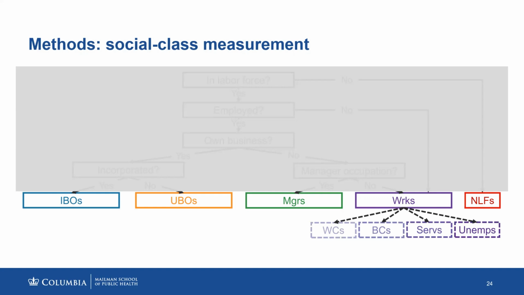In secondary analyses, we also subdivided workers into those who were white collar, blue collar, service, or unemployed, subgroups facing varying levels of exploitation and domination at work.